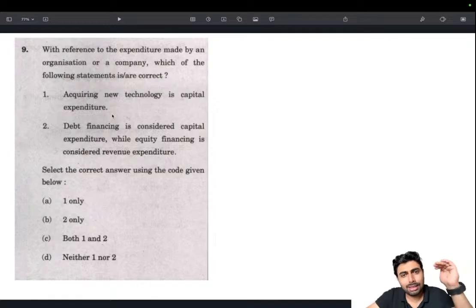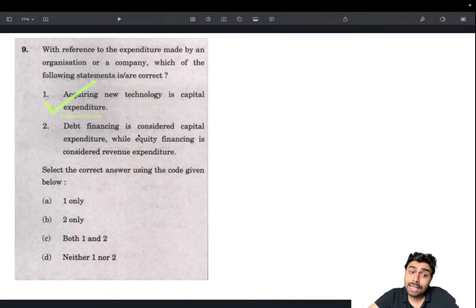The transaction ends there. But acquiring an asset has long-standing value, because the value appreciates, it becomes an asset, it gets added to our asset base. So capital expenditure means acquiring new things, making investments. So it's basically for expansion. So acquiring new technology is capital expenditure.